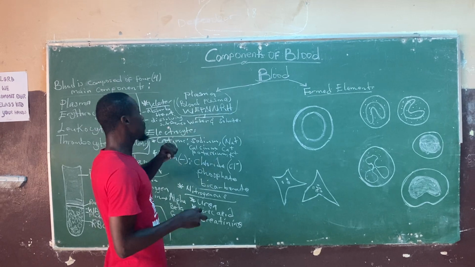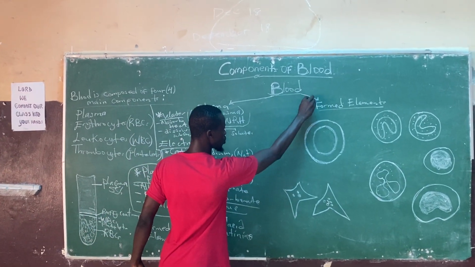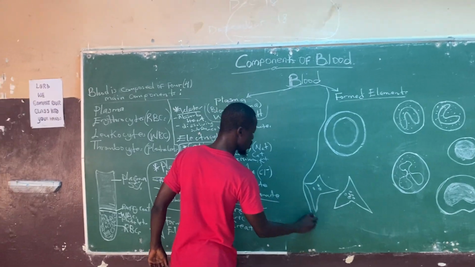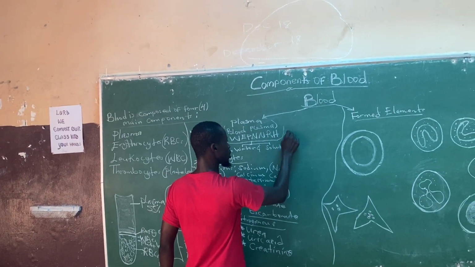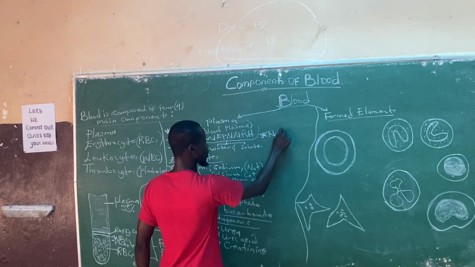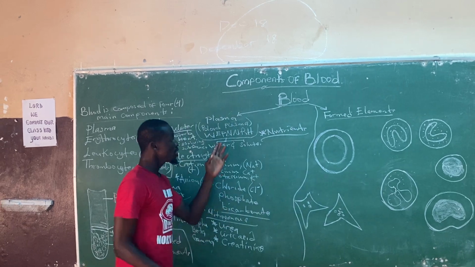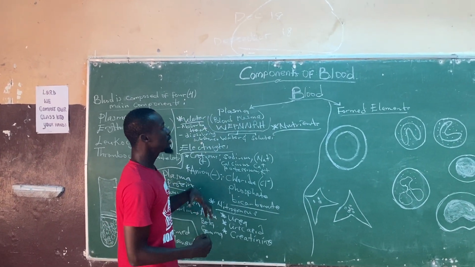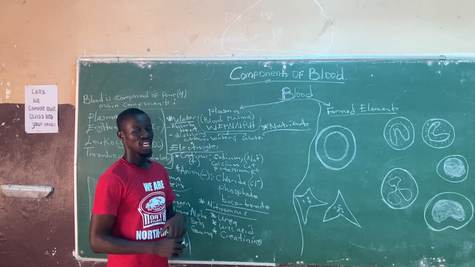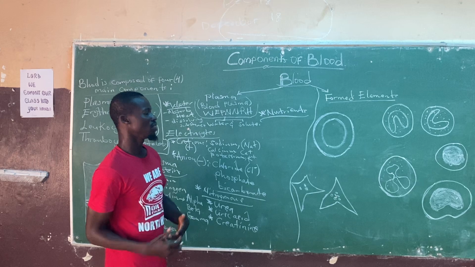And next we have nutrients. The nutrients that we consume dissolve into the plasma, and then they are used by the cells of the body.